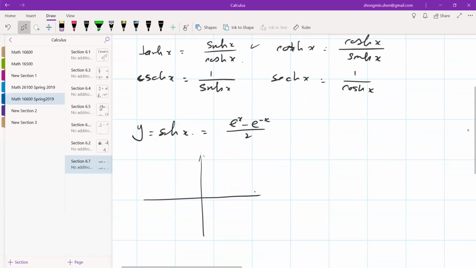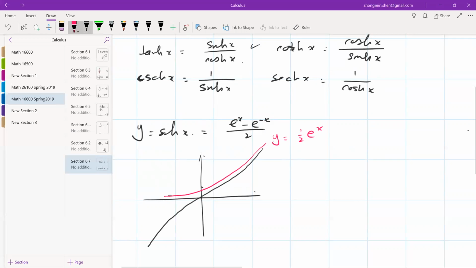When x is getting large, the second term is going to be almost 0, so it will be very close to, let me draw, something like an increasing function, and when x is sufficiently large, this is almost equal to half of e to the x. So it will be very close to y equals half of e to the x.